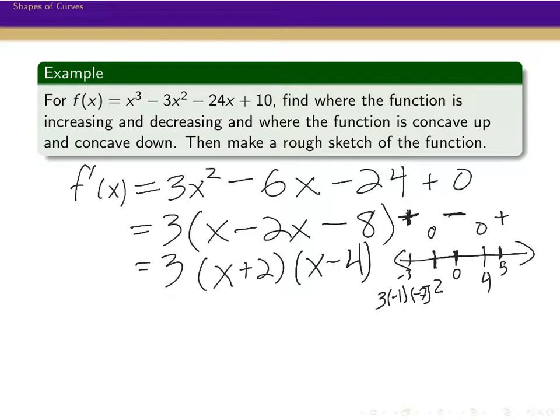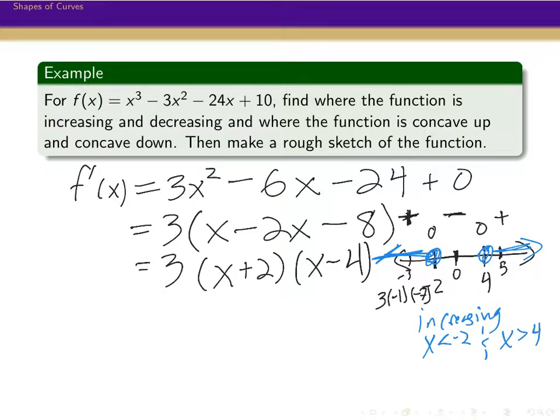So we get that it's increasing to the left of minus 2 and to the right of 4. So it's increasing when x is less than minus 2 and x is bigger than 4.